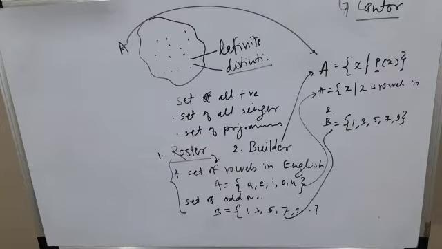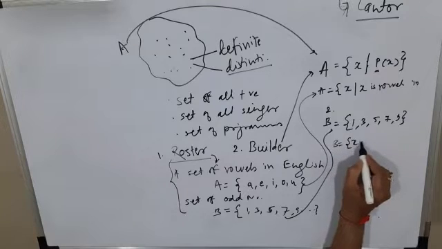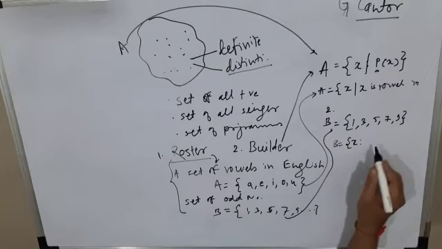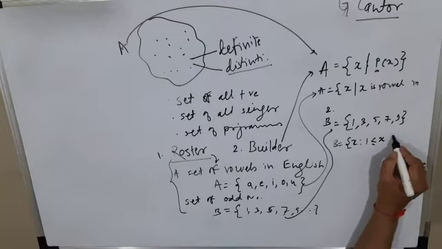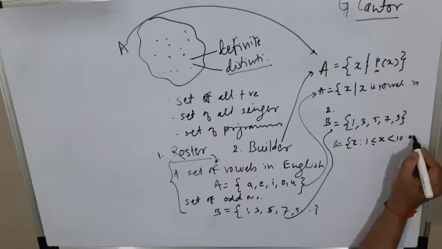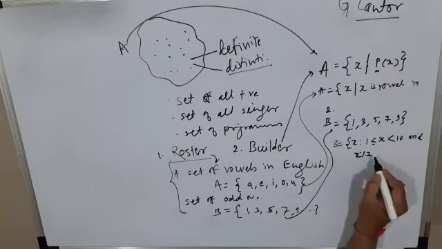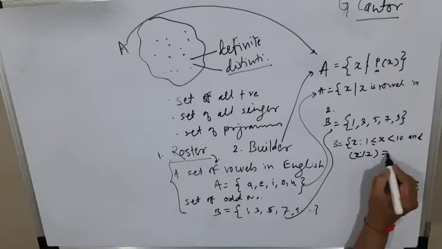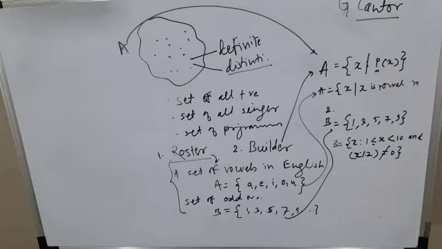How can I show that in builder notation? B is equal to the set of x such that 1 is less than or equal to x, x is less than 10, and x modulo 2 is not equal to 0.